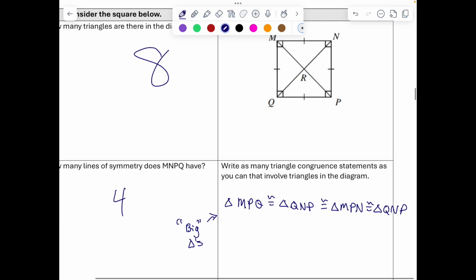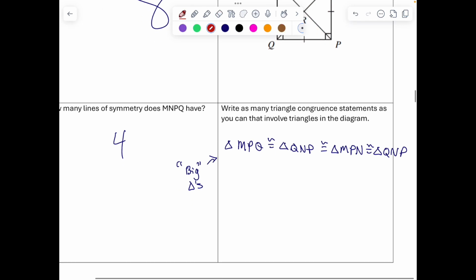And then we have all the small triangles that are also congruent to each other, right? We've got this guy is congruent to this guy, but is also congruent to that guy and that guy. So I can say that all the little triangles are congruent as well. So these are going to be the small triangles.